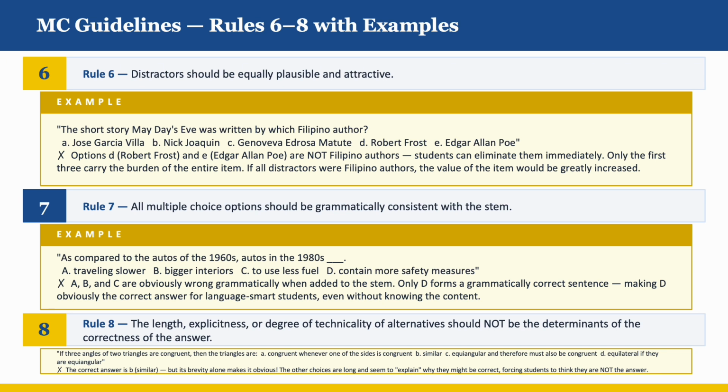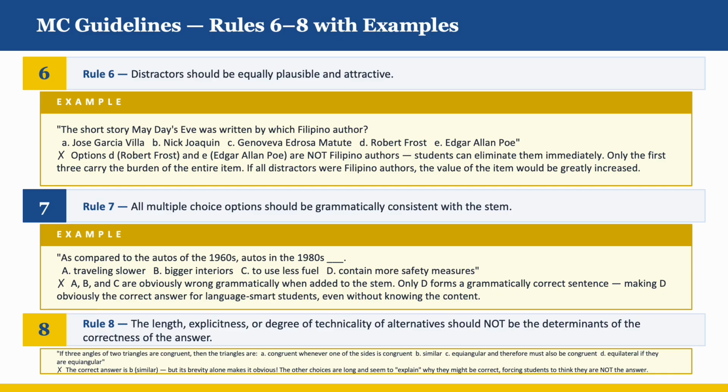Rule number 7: All options must be grammatically consistent with the stem. So if you complete the sentence with an option and it sounds grammatically wrong, that's a clue that it's incorrect, and the student hasn't even thought about the content yet.